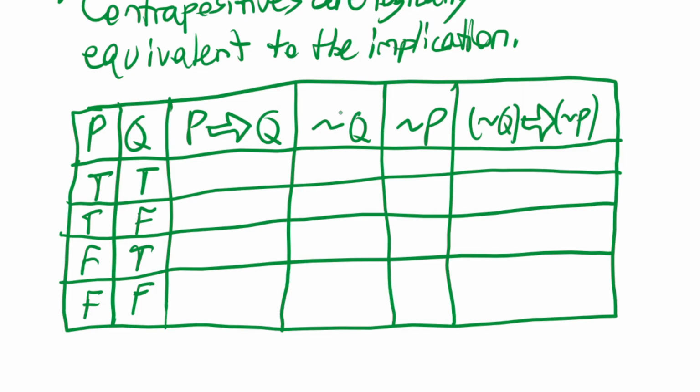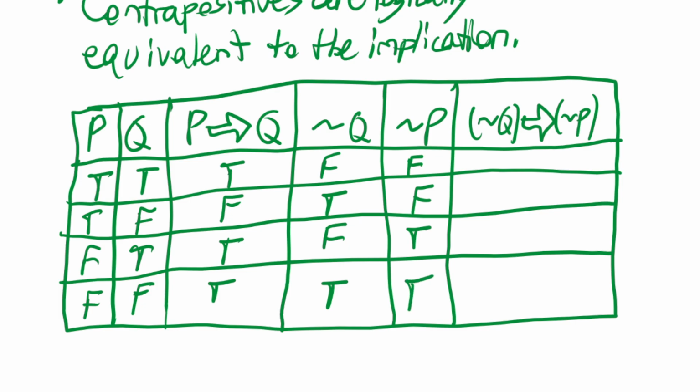We have true, false, true, true. And we have false, true, false, true, then false, false, true, true.